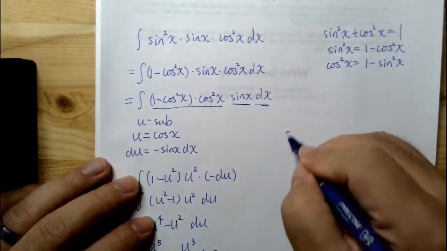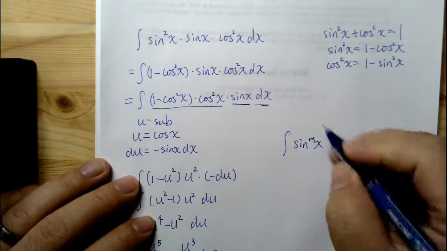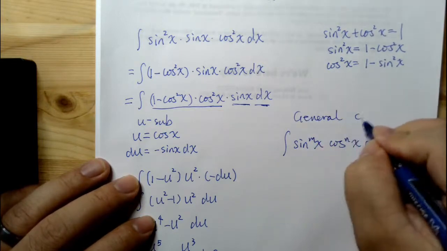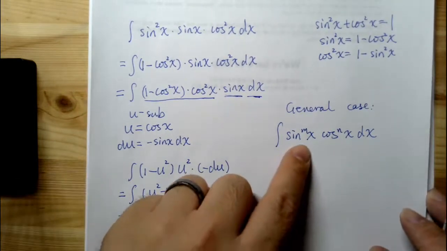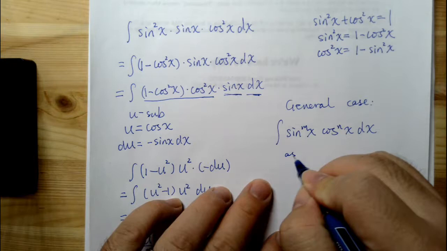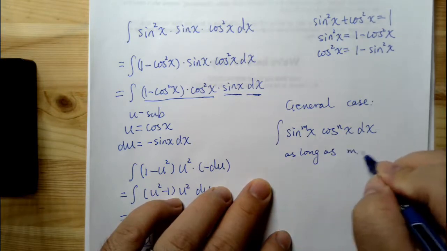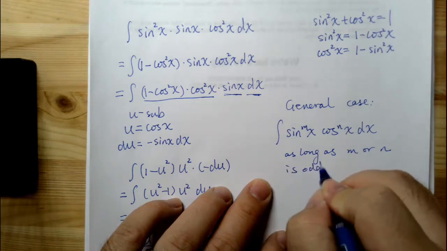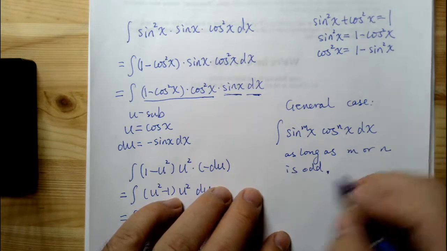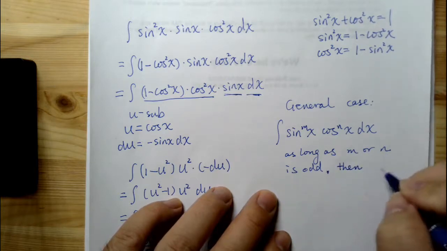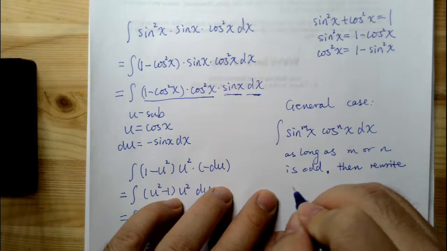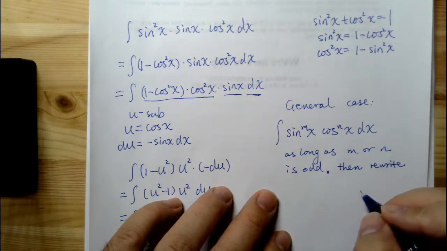And more generally, here, guys, the general case: if you have the integral of sine raised to the power m times cosine raised to the nth power dx, and as long as m or n is odd, for example, let's say m is odd, without loss of generality.